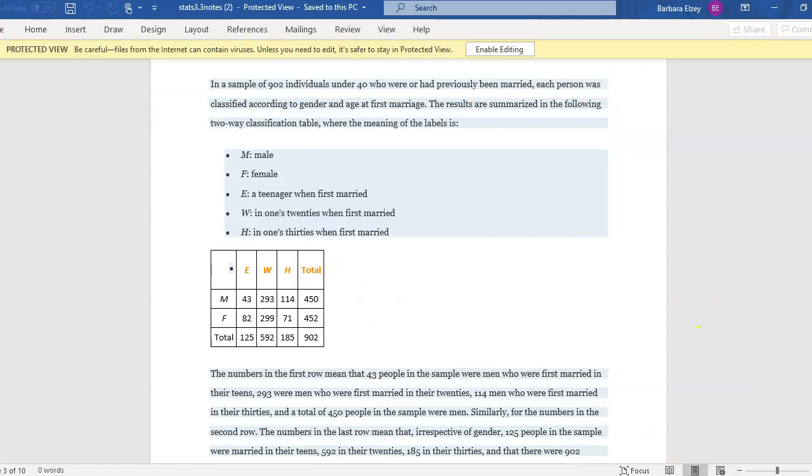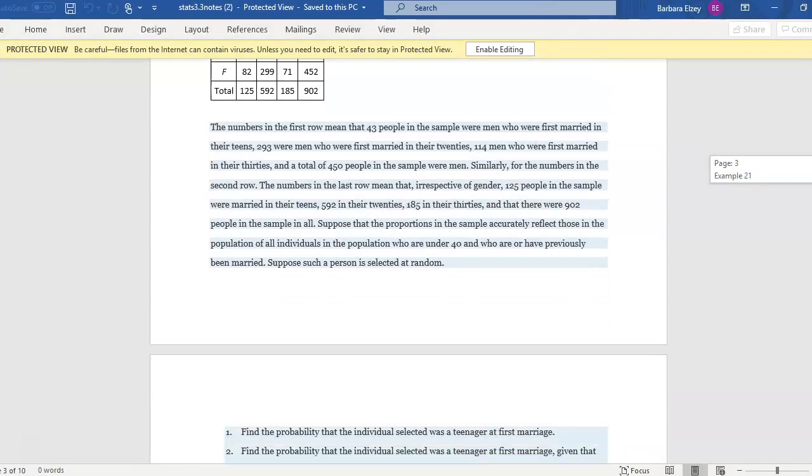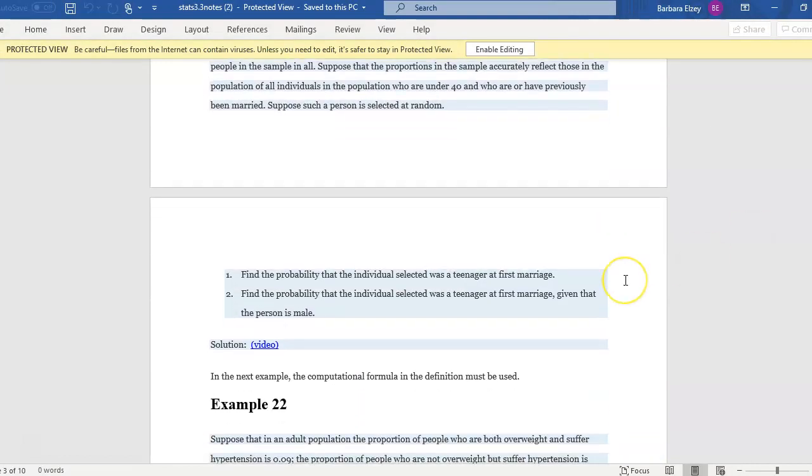All right, so our second question. Find the probability that the individual selected was a teenager at first marriage, given that that person is male. Whenever we see that wording given, that's always a conditional probability. And it looks like this.